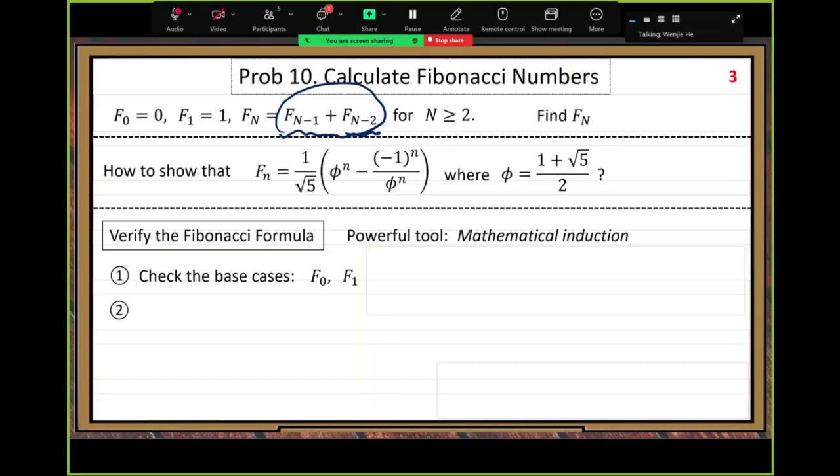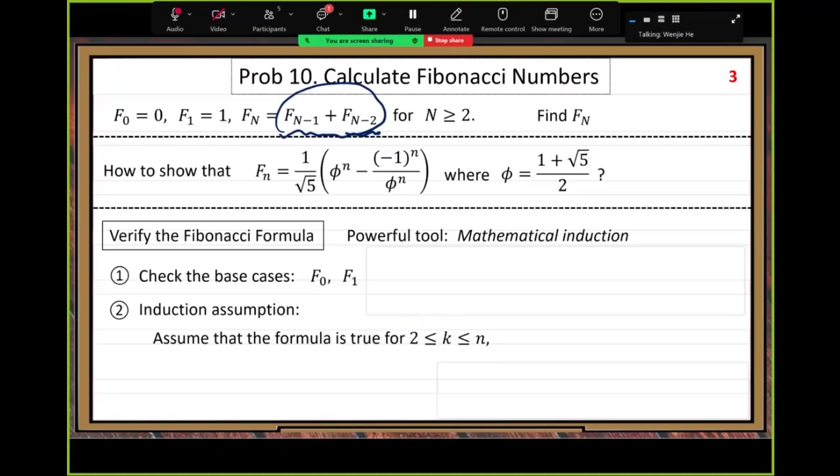You just make an assumption. What induction assumption do we want to make here? Assume that the formula is true for 2 less than or equal to k less than or equal to n. Actually, this lower range we can expand to 0.